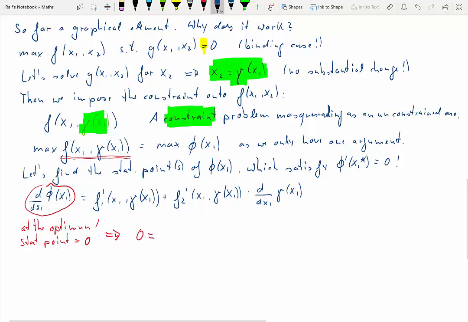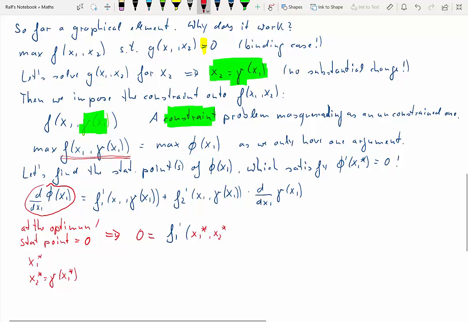We have 0 is equal to what we have on the right hand side. But as we're now talking about at the optimum, we're going to use as coordinates x1 asterisk and gamma times x1 asterisk, which of course isn't anything else but x2 asterisk.